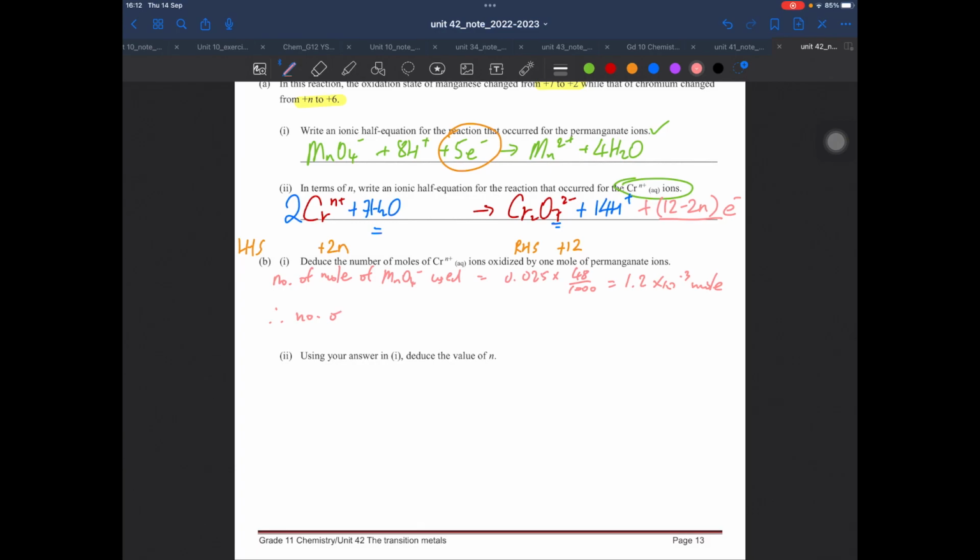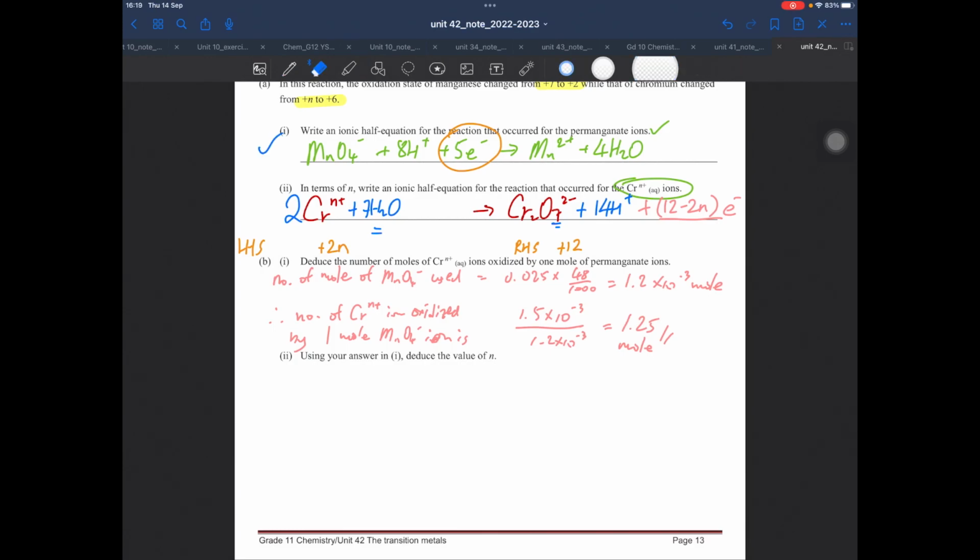So the number of chromium ions oxidized by 1 mole of MnO4- is here, equal to 1.25. Each mole of permanganate ion can oxidize 1.25 mole of chromium ion.